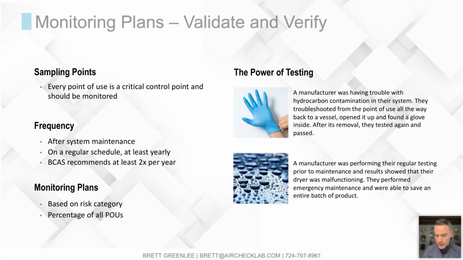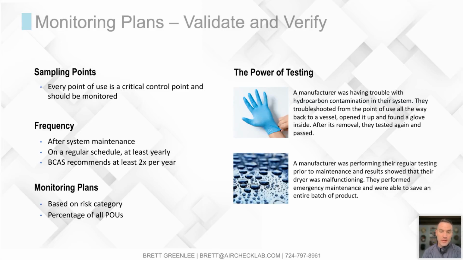I just want to speak to the power of testing a little bit, because we did talk about some of the pros and cons of laboratory testing and some of the pros and cons of continuous monitoring. Now, we had a manufacturer at some point that was having trouble with hydrocarbon contamination. They were testing with a laboratory and they were getting high levels of hydrocarbons.